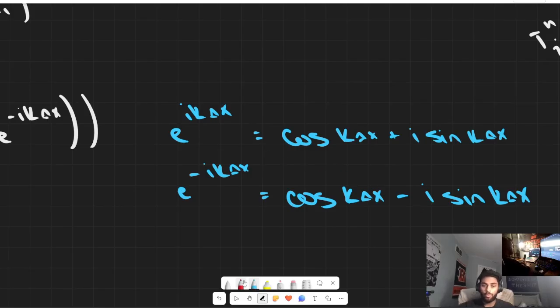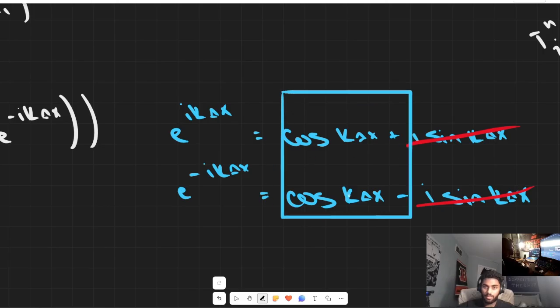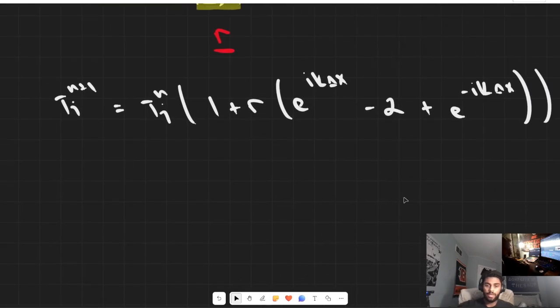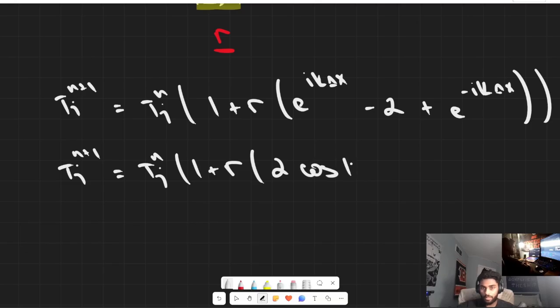And so now what we find is that these two sine terms will actually cancel out, and our result is actually these cosine terms that add up. So we can go ahead and rewrite this term like so. So 1 plus r times (2 cosine k delta x minus 2).